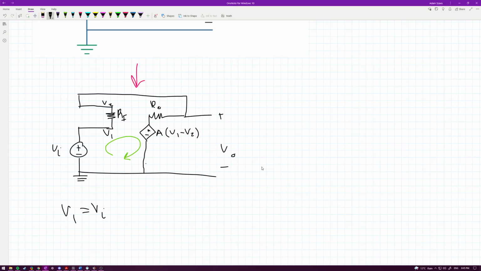So doing that, I'd get negative VI plus VI. The voltage is I times R. So there's an I there. The voltage across the resistor is I over R. No, I times R, but we don't know the current. No, the voltage across the resistor is V1 minus V2.